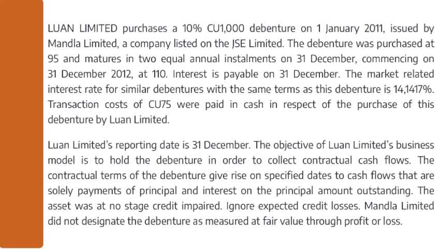But Mandla Limited could have chosen to designate the debenture out of the default category into the category at fair value through profit or loss. So what we are telling you is Mandla Limited did not designate the debenture out of the category at amortized cost.